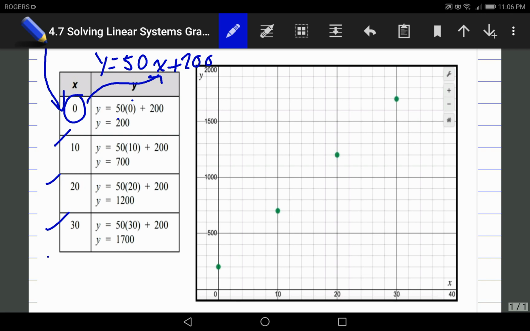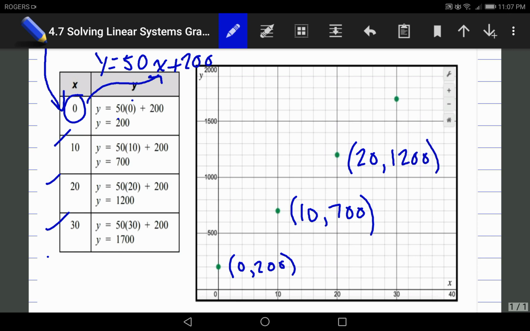So my first coordinate is (0, 200), and it's already on the graph there. Then I plugged in 10, so my second point became (10, 700). Plugged in 20, and I got 1200.